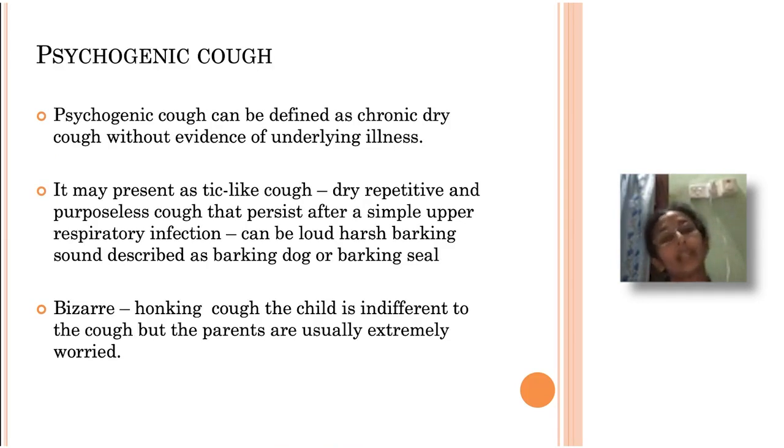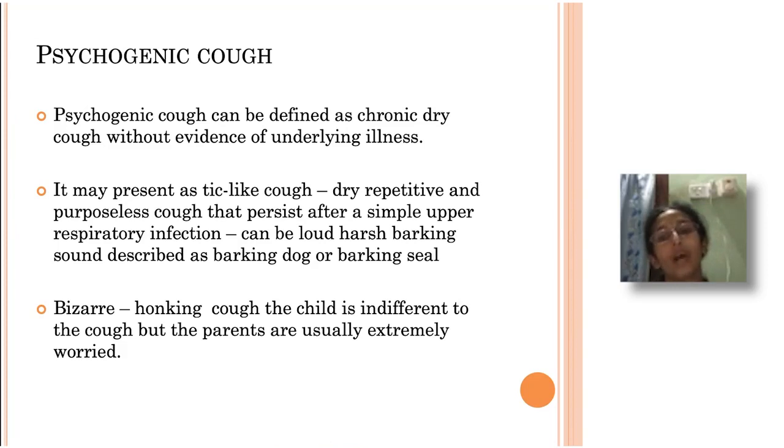The other common one is psychogenic cough. Psychogenic cough can be defined as a chronic dry cough without evidence of underlying illness. It may present as a dry, repetitive, and purposeless cough that persists after a simple upper respiratory infection.